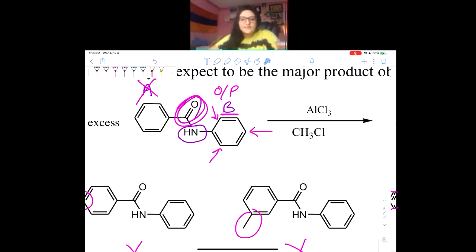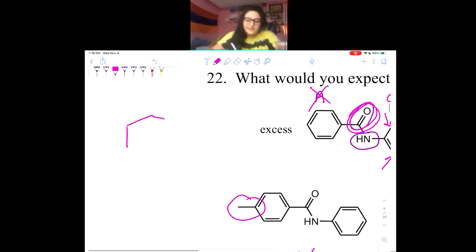So if it's attached in this orientation where the NH is attached to the ring, and not this orientation where the carbonyl is attached to the ring, it will work for Friedel-Crafts. So pretty much it's only NH2, and if it was like this, it wouldn't work.